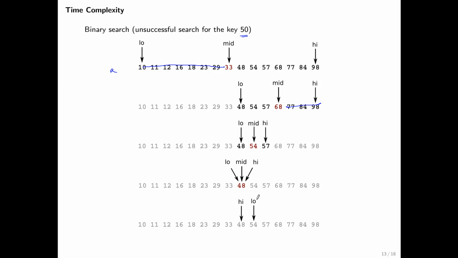And this is where you terminate the algorithm, saying that the given key was not found in the collection, and you return -1. So you stop whenever the low and high pointers cross sides. That's the termination condition for the binary search algorithm.